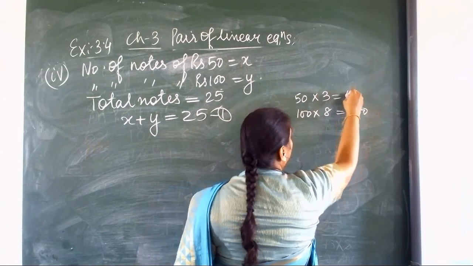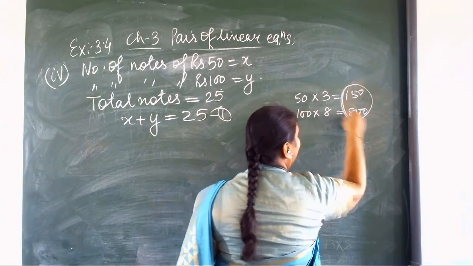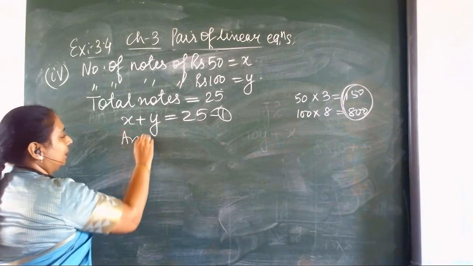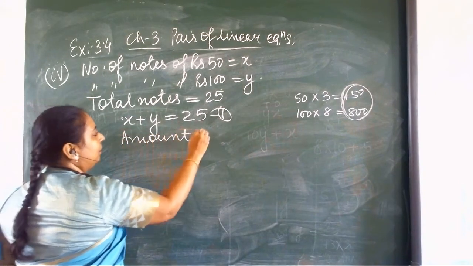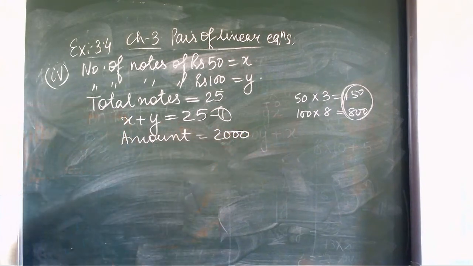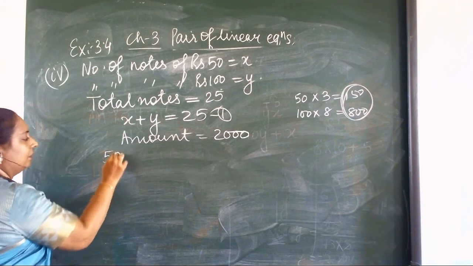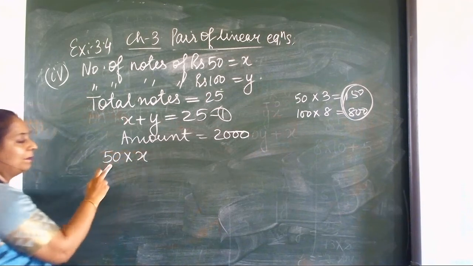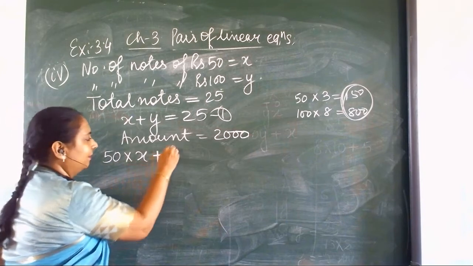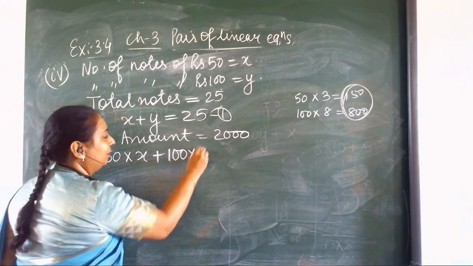So this is 150 and 800. Then only we find the amount. Amount is given as 2000 rupees. So how will you get 2000 rupees? The number x is to be multiplied by 50 and then added to 100 into y.